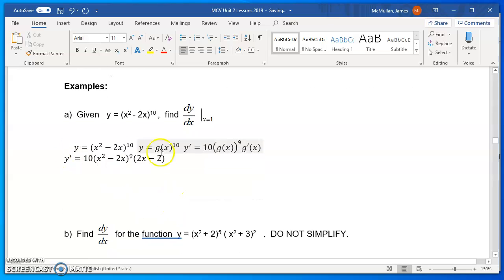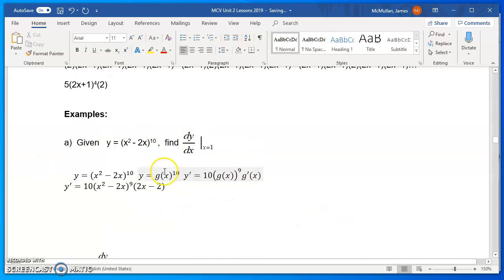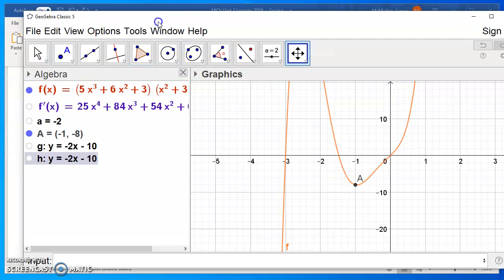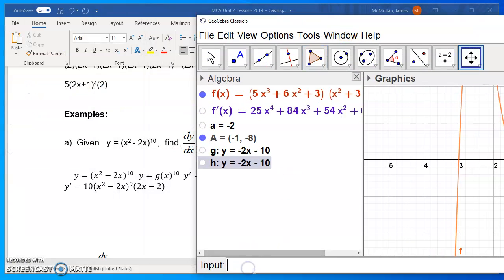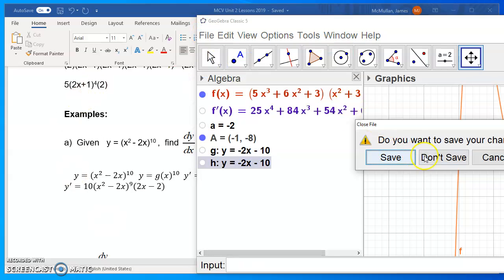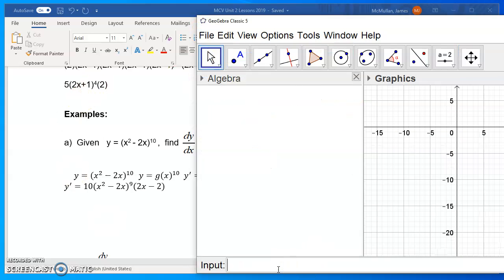Now, these ones are good examples of where you are not simplifying this. It's easier to understand this in factored form than it would be in simplified form. Just to demonstrate that, let's take this question. So let's just make a new sheet here quickly. So x squared minus 2x to the power of 10.